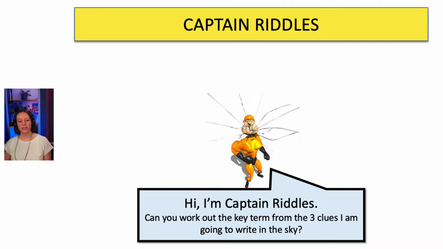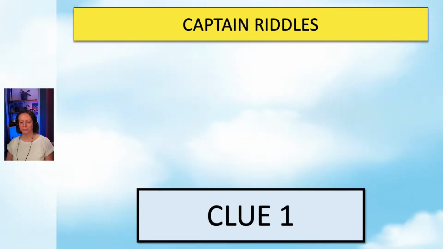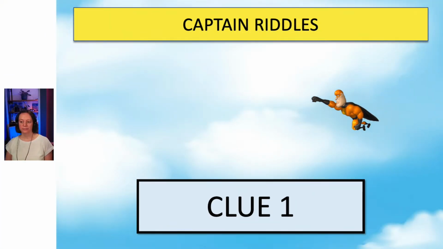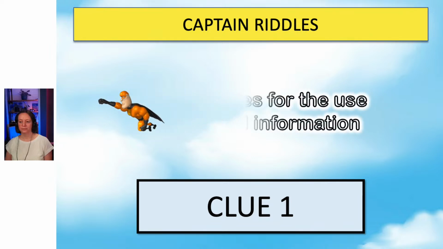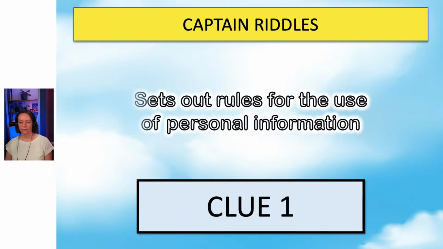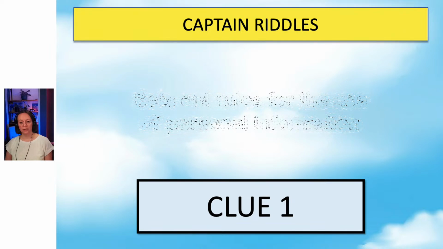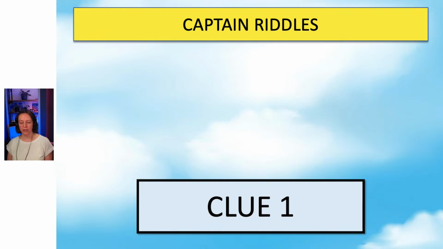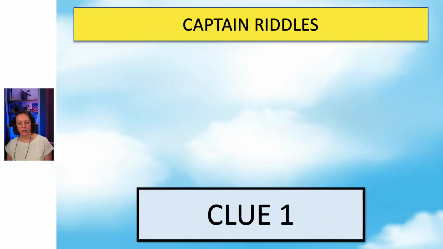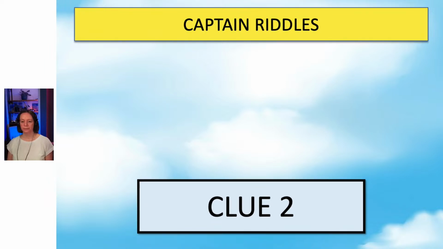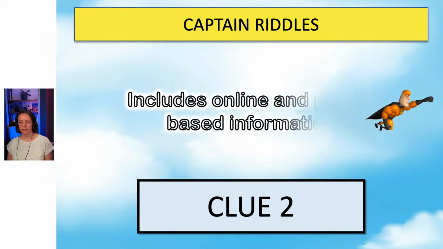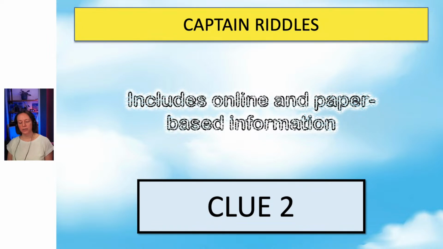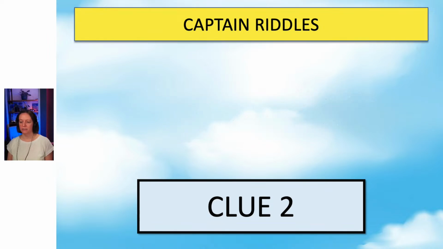So our first clue: sets out rules for the use of personal information. So rules for the use of personal information. Clue 2: so this includes online and paper-based information.